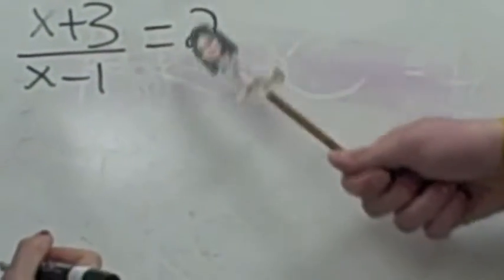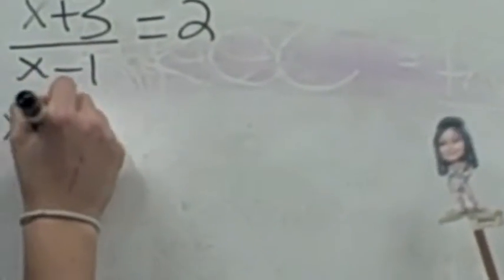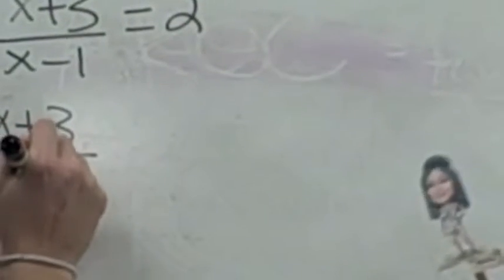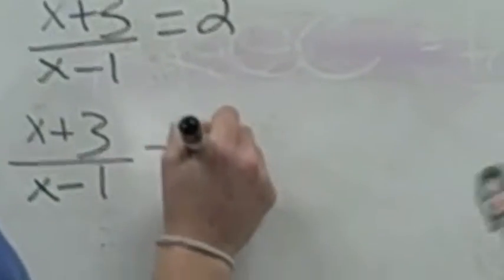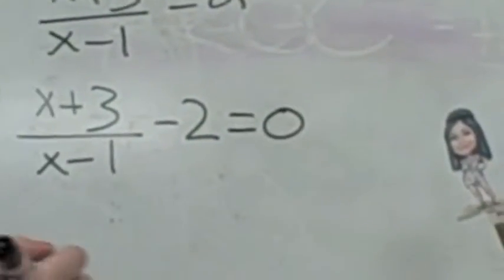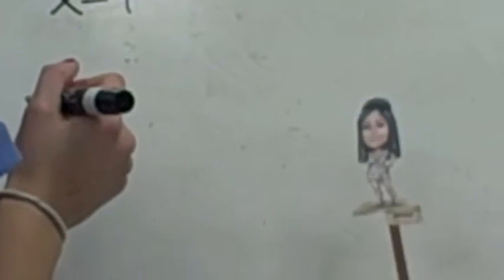To make your equation equal zero, subtract 2 from both sides of the equation. So you end up with x plus 3 over x minus 1, subtract 2 equals 0. Now to get a common denominator, multiply the top and bottom of the 2 by x minus 1.